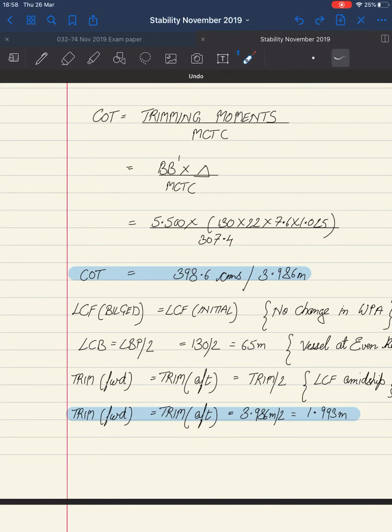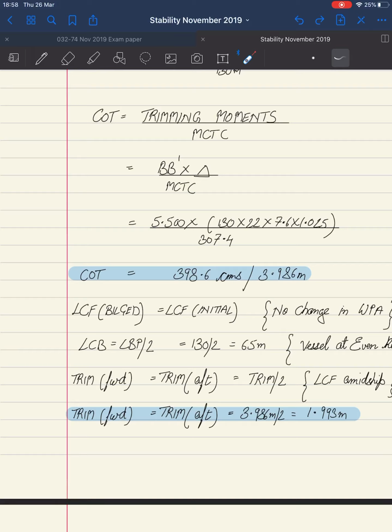So 5.500 multiplied by the displacement of the vessel, which is length times breadth times the initial draft times the density in which it is floating, divided by the MCTC. We got the change of trim as 398.6 centimeters or 3.986 meters.